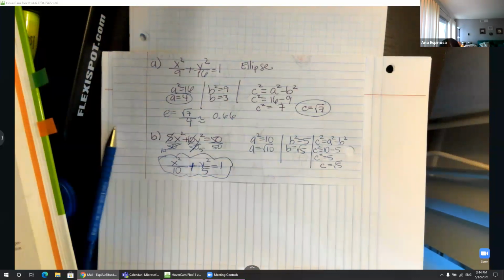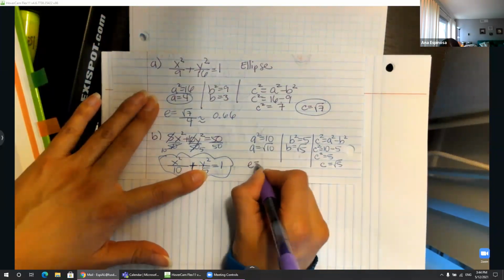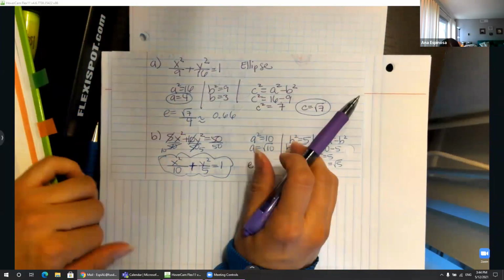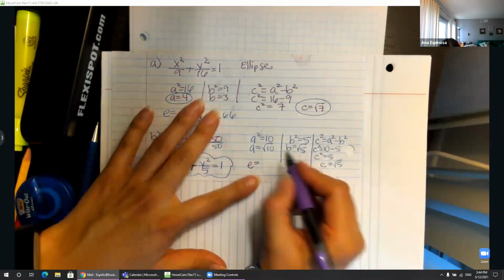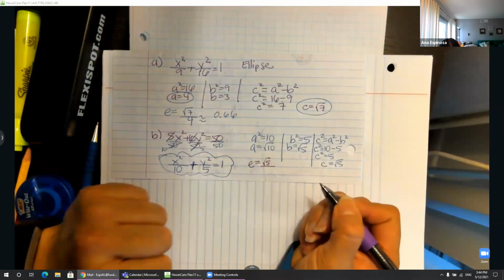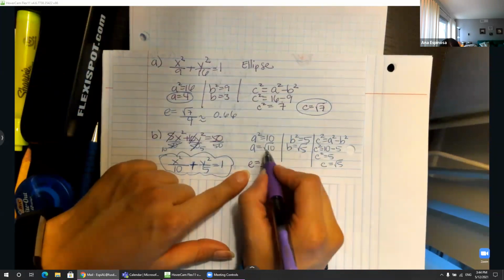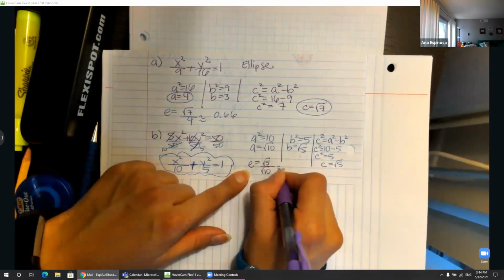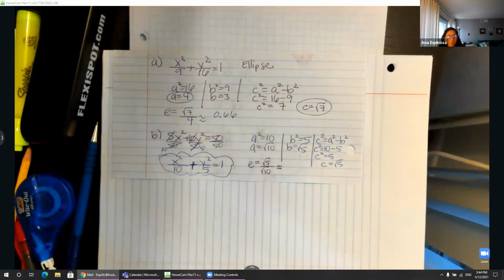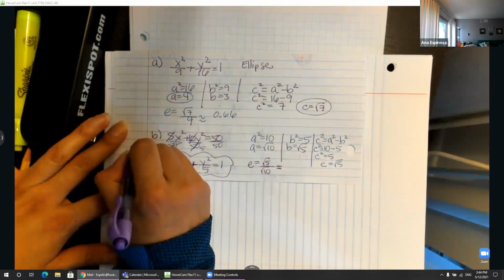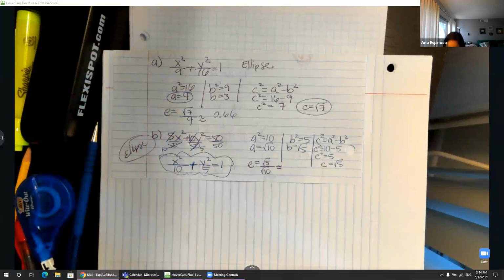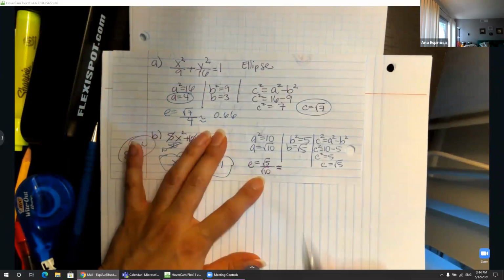So for my eccentricity, it's c over a. Because it's an ellipse, I should have a number between 0 and 1. So I take the square root of 5 over the square root of 10.